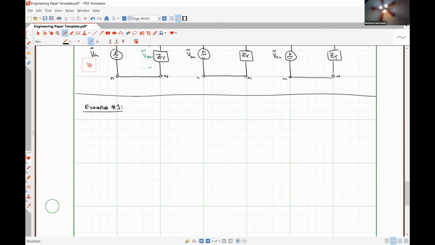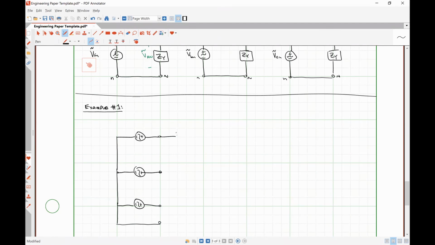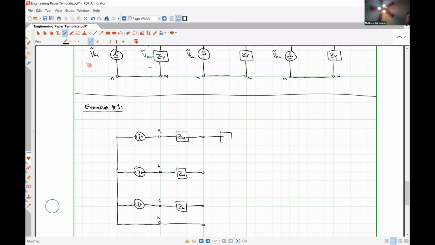So let's say that I have a YY system. And I'm just going to treat my neutral conductor as if it were a short circuit, so I'm not even going to bother making up an impedance for it.